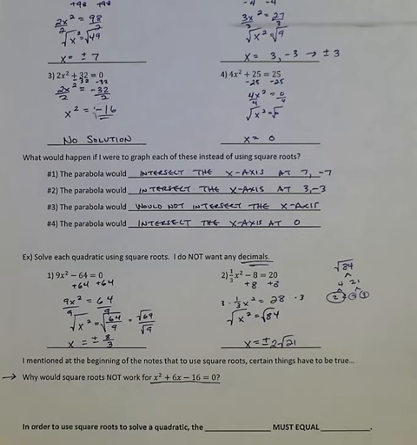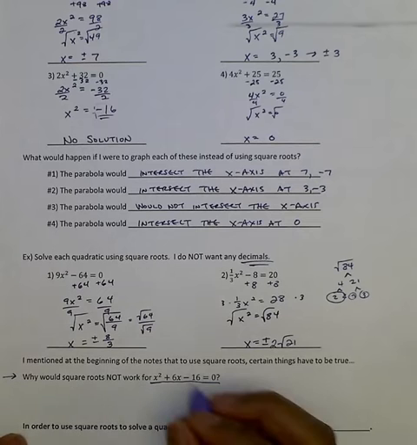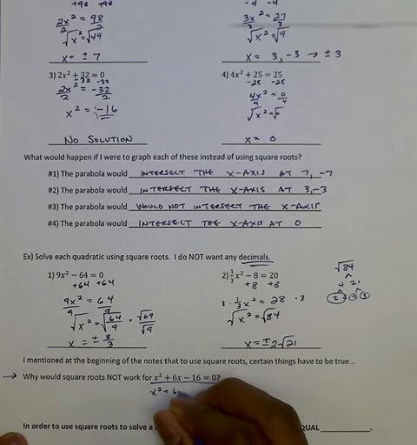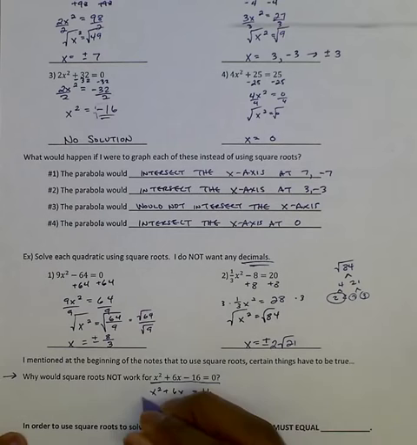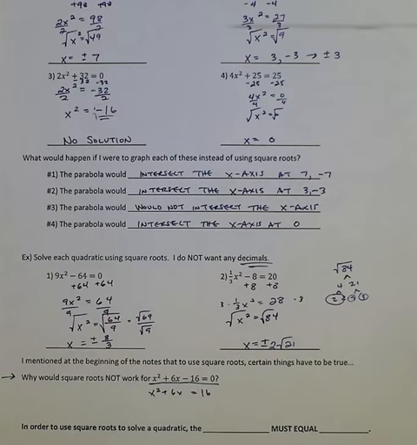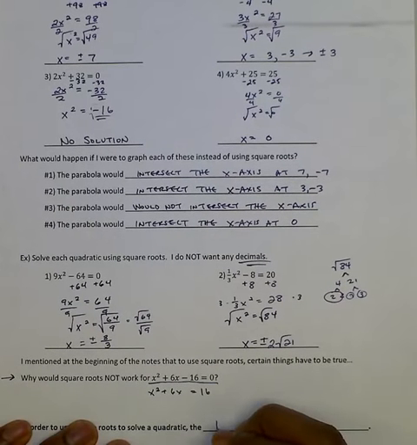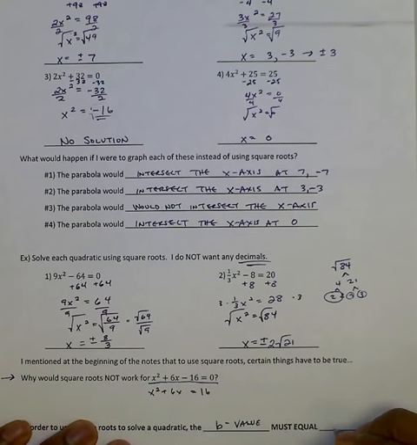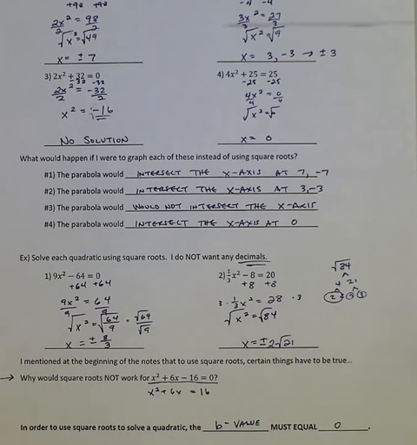If we just said, we're going to move 16 to both sides, x squared equals 16. In order to use the square roots, the b value must equal 0.